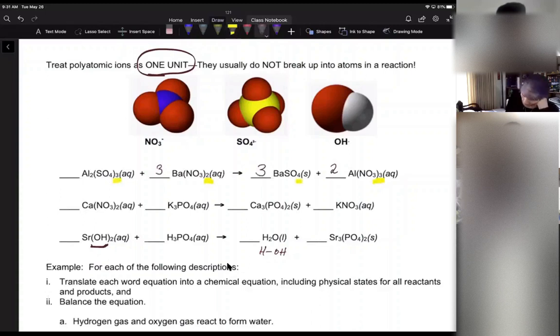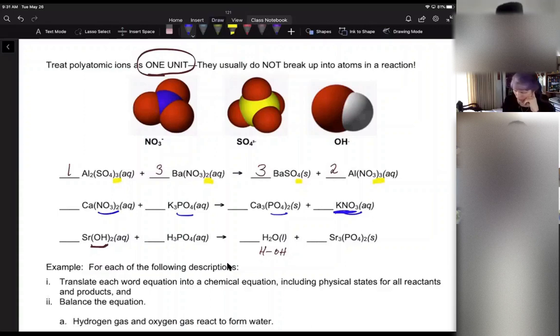All right, and then we can check our metals, and those look balanced. There's another way to think of this one also. When we think of this ionic compound, the potassium nitrate, that requires that we have 1 potassium with 1 nitrate, because it's a K plus with an NO3 minus.